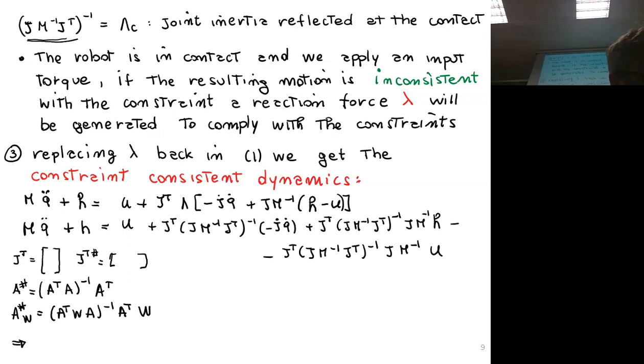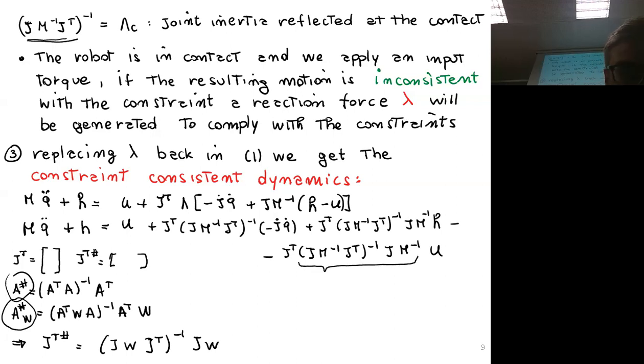And then if we compute the pseudo inverse of J transpose, we apply this rule. So we take the transpose of J transpose, which is J. We take the J transpose as is, do the inversion, and the transpose of J transpose, that again is J. And if we put a weighting matrix, we put it here. And now you can have a look here.